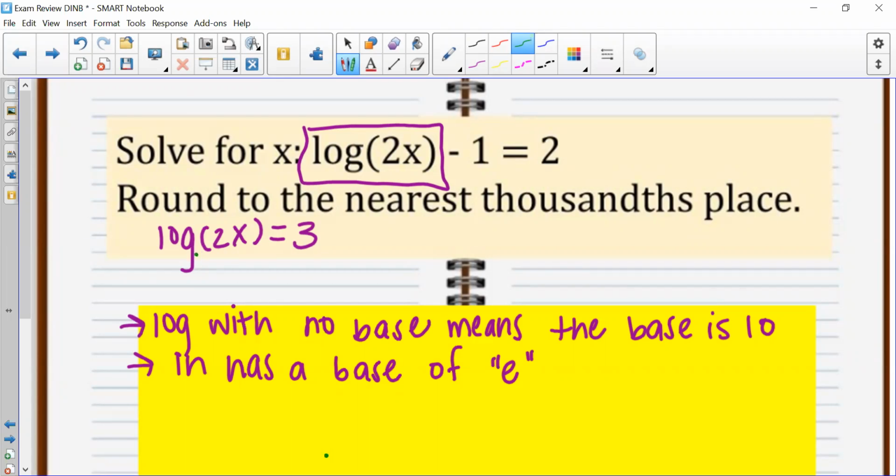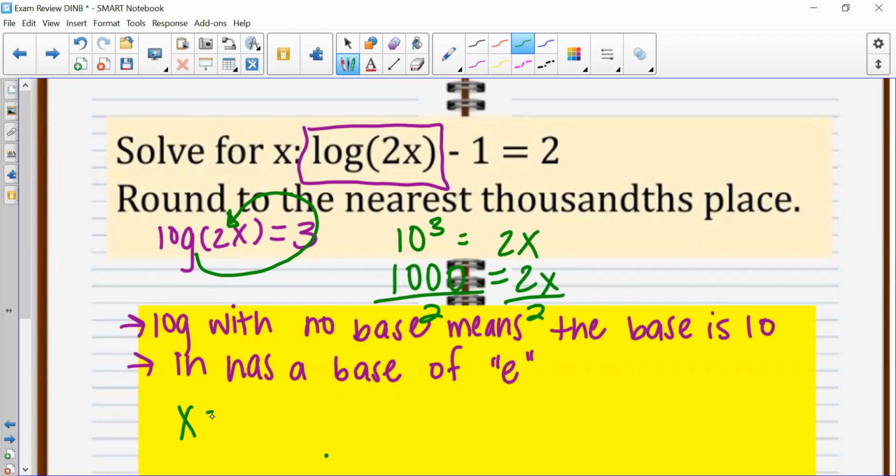We do base to the exponent equals the inside part. And then we just do the math. So 10 to the third is 1,000, and then divide by 2. Okay, so x is 500.